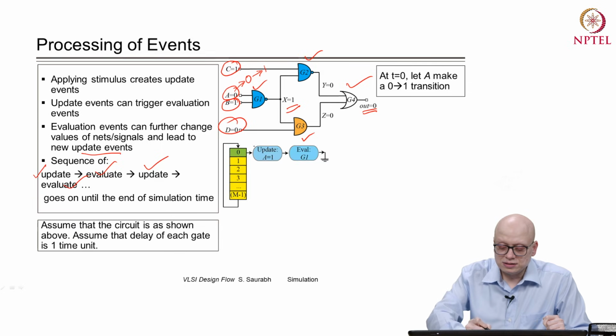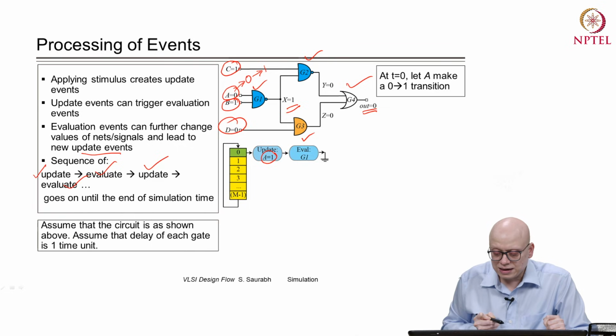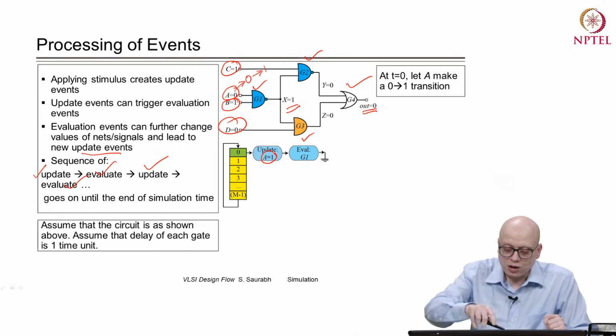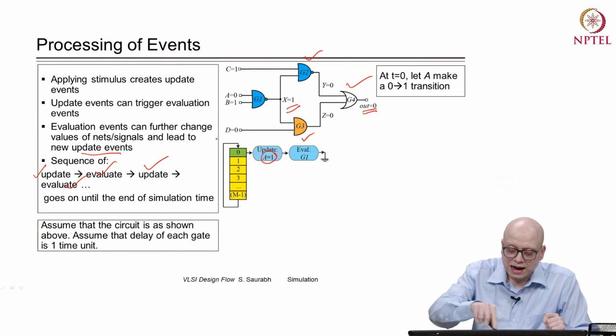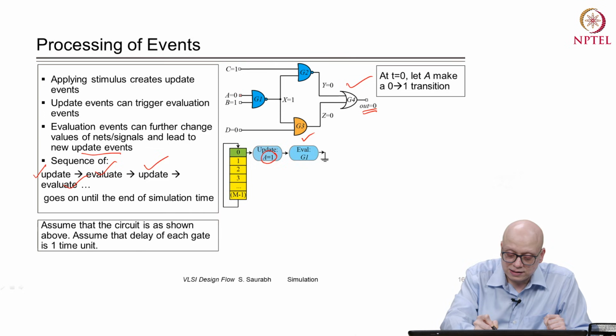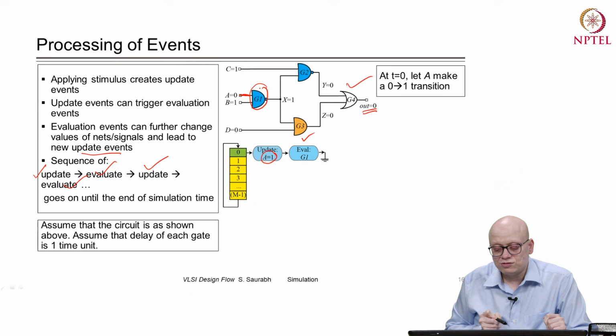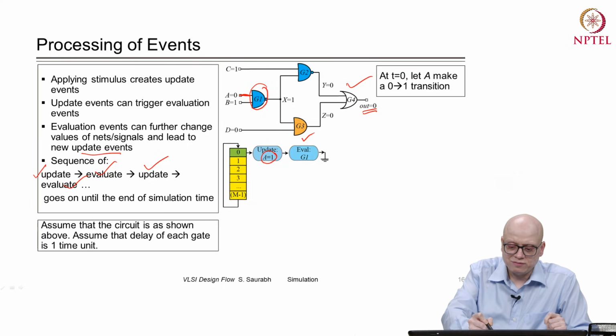In the timing wheel, we will have an update event created for it at t is equal to 0, meaning there will be an update event A is equal to 1. Now, when there is an update event at a net or signal A, the gate G1 is sensitive to it, and therefore an evaluation event must be created at G1.